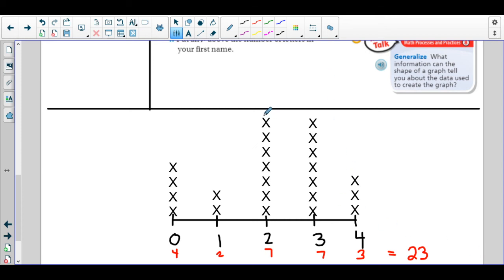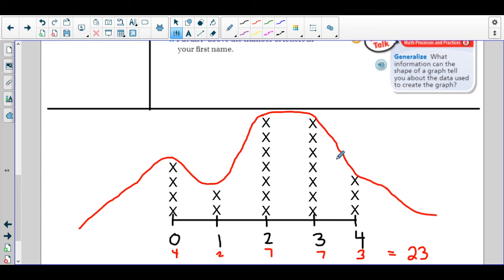But what else can I tell about this? Well, I have a big peak right here with the shape of this. All right, but then I have a sharp decline this way and then come back up and then down. It looks like a roller coaster almost. All right, so what does this shape show me? It shows me that the majority of the scores are right here.